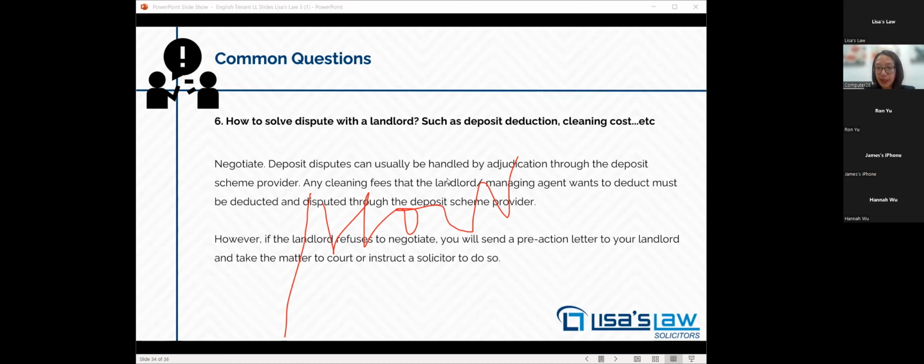The reason being, if they already filed a complaint to the council, it depends if the council has already taken notice of it, because at the end of the day, the council might view this as illegal eviction if you try to kick them out. But if it's a periodic tenancy agreement, it depends on your tenancy agreement as well.